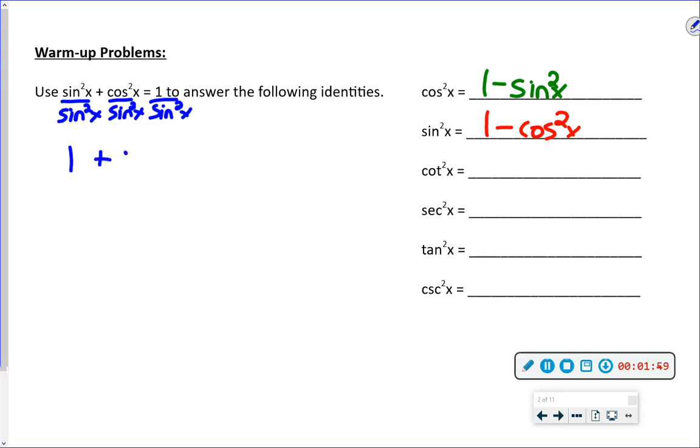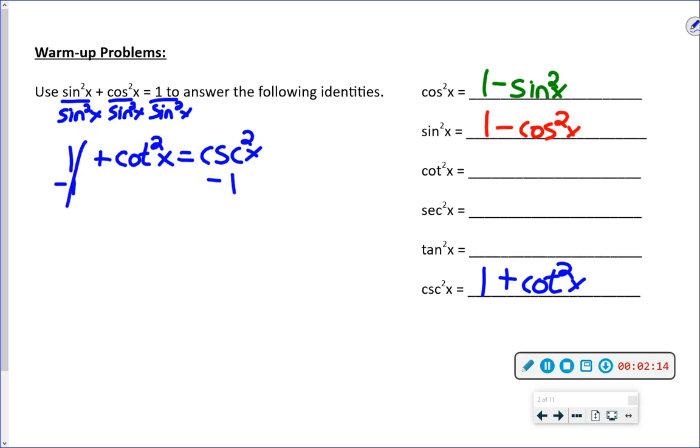Cosine over sine is cotangent, but of course squared. 1 over sine is cosecant, and of course squared. So now I can look over here and I know cosecant squared is 1 plus cotangent squared, and you could have that reversed, cotangent squared plus 1. Now I could also fill in cotangent squared, because if I want to solve for that, I would just subtract the 1 off. So now I know cotangent squared is cosecant squared minus 1.